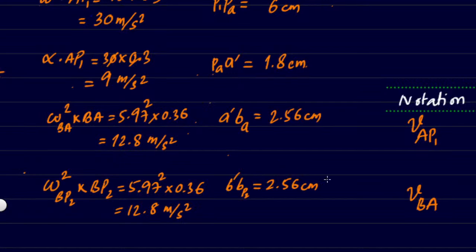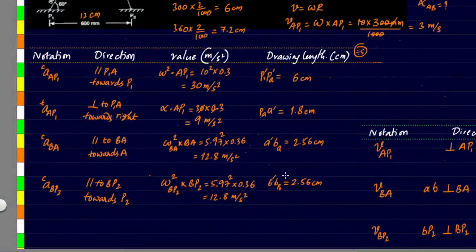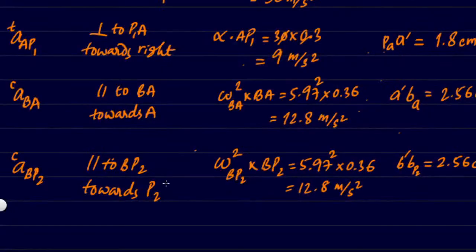This one is towards P2, that means it has to be acting downwards.